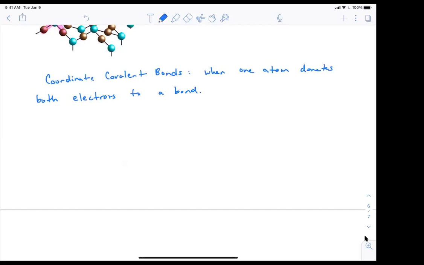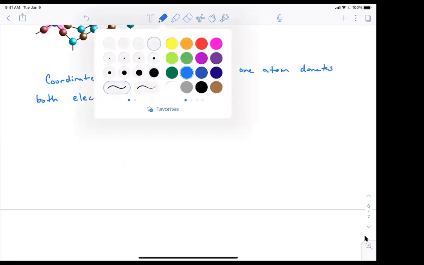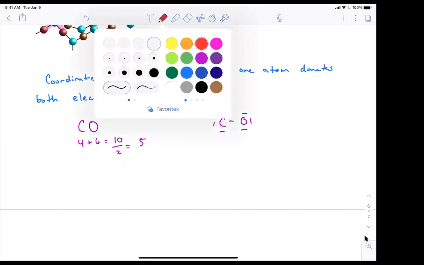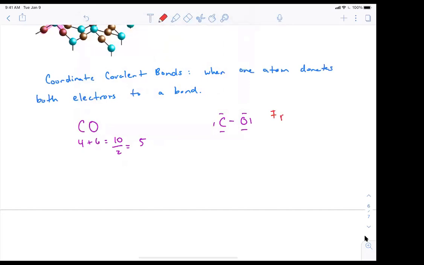Okay. And the best example that I can think of here is carbon monoxide. Now, carbon monoxide's 4 plus 6 is 10, divided by 2 is 5. So when you draw carbon monoxide out structure-wise, you get this, which is 7 pairs. So what that tells you is 7 versus 5, you need to have 2 more bonds.